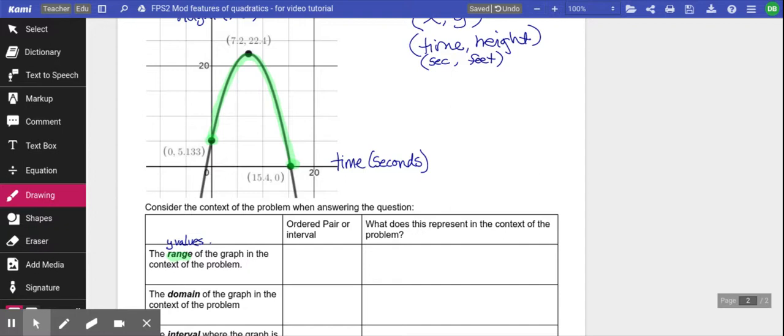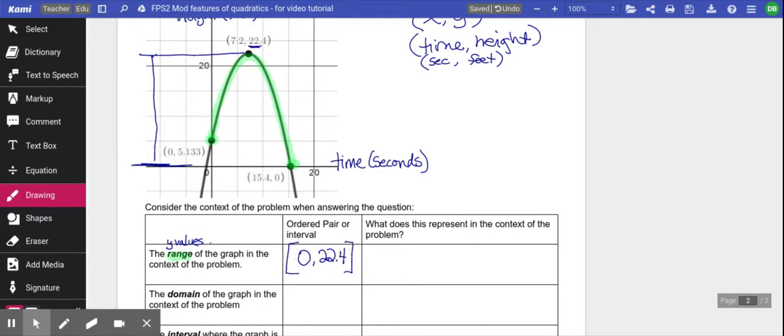You will notice that the y values being used start at 0 and go all the way up to right about here, which has a y value of 22.4. So my y values start at 0 and go all the way up to 22.4.